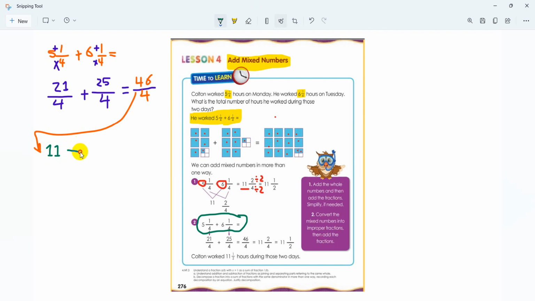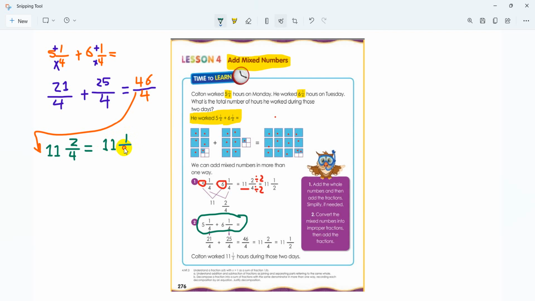The remainder is 2, from 44 to 46. We put the remainder up here, and then we put the 4 down. Now it's 11 and 2 quarters. And also we can simplify 2 quarters, so we can write the answer is 11 and a half at the end.